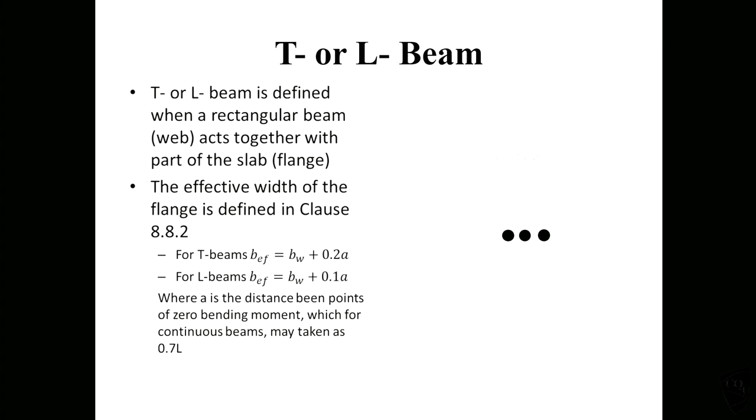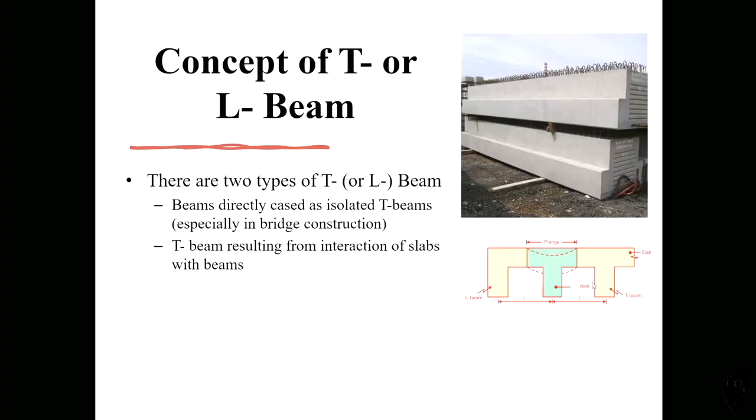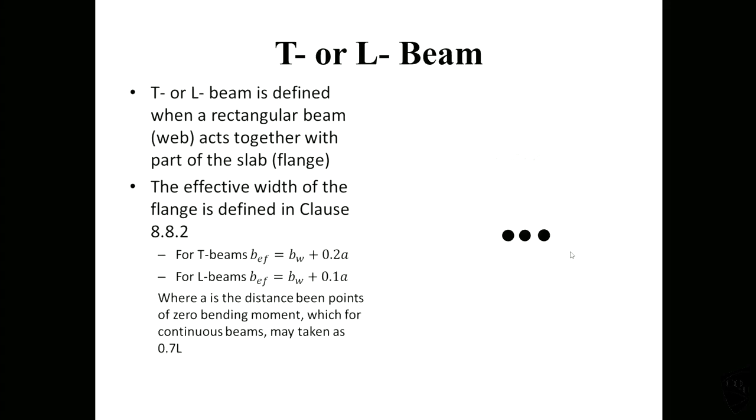When you consider T beams, the effective width of the flange they define in this clause: BW plus 0.2A for T beams, BW plus 0.1A for L beams.